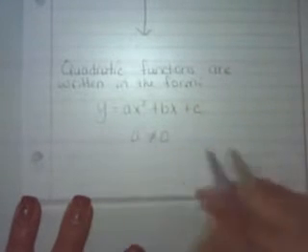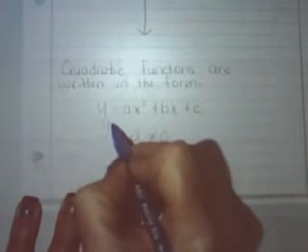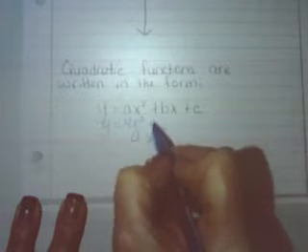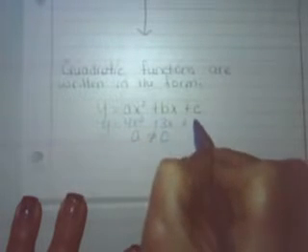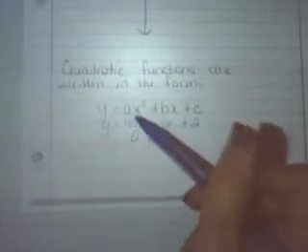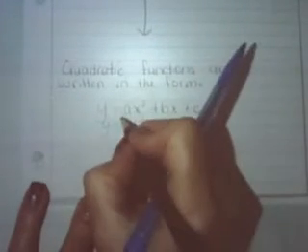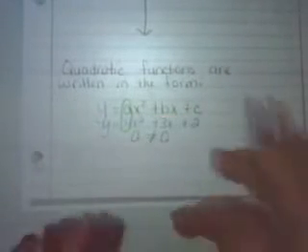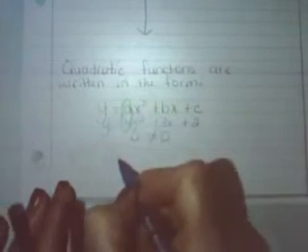If I give you, say, y equals 4x squared plus 3x plus 2, I can see that the number before your x squared is your a. So if I ask you the value of a, you can tell me that a equals 4.